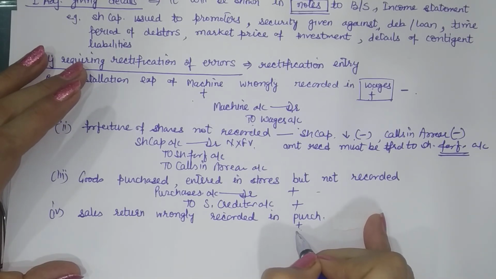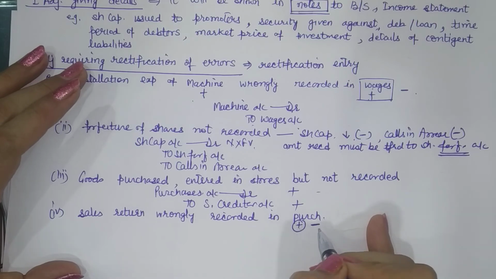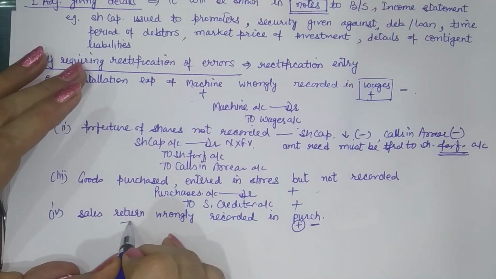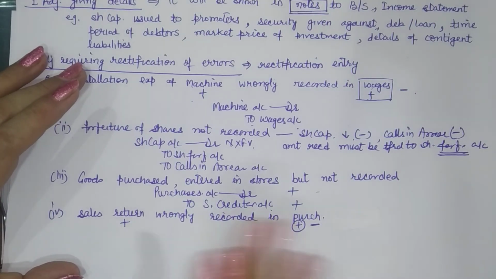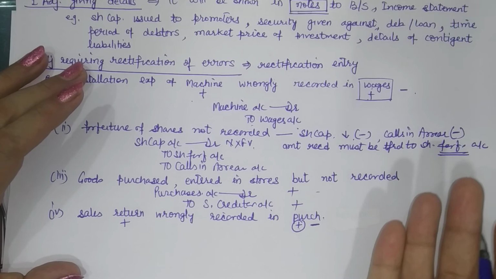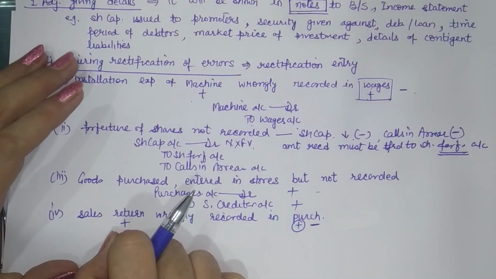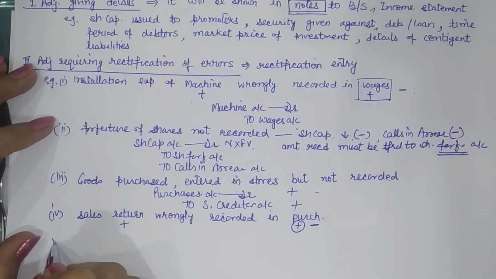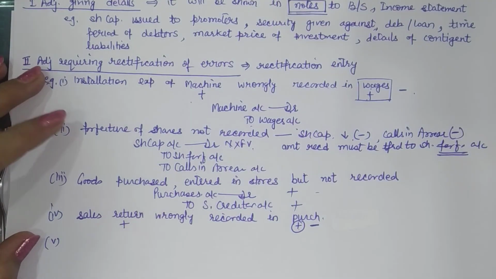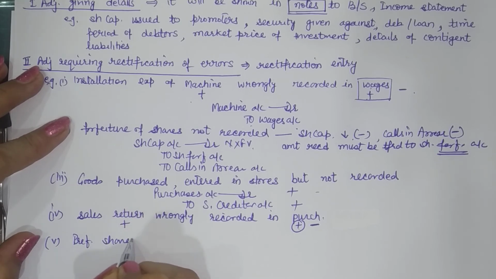So you should reduce your purchases to cancel the effect, and your sales return will increase. So if you are to pass the entry, it will be sales return account debit to purchases account, but we don't pass entries, so we will simply deduct it from purchases and add it in the sales return.